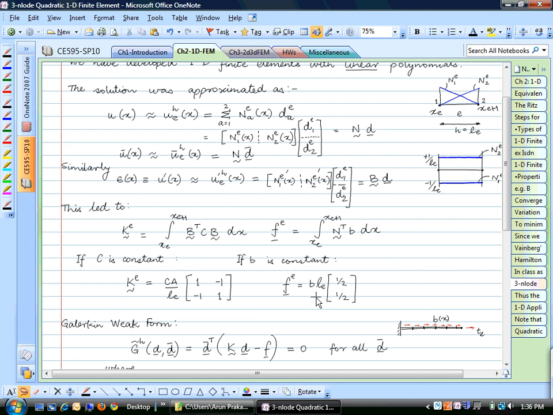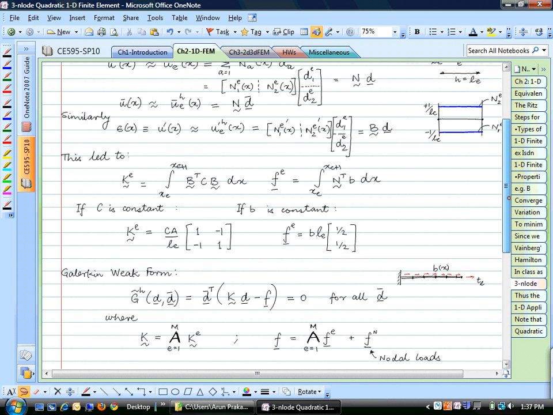If there is an area of cross section, you can also include an A in here. Essentially you're integrating the shape functions over the length of the element, and that just means that half the body force goes to this node and half goes to this node. This is also familiar from structural analysis.